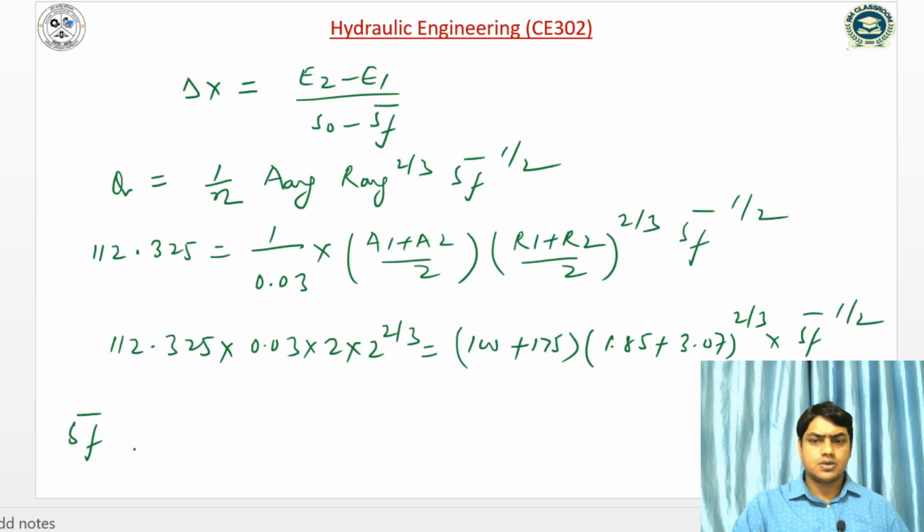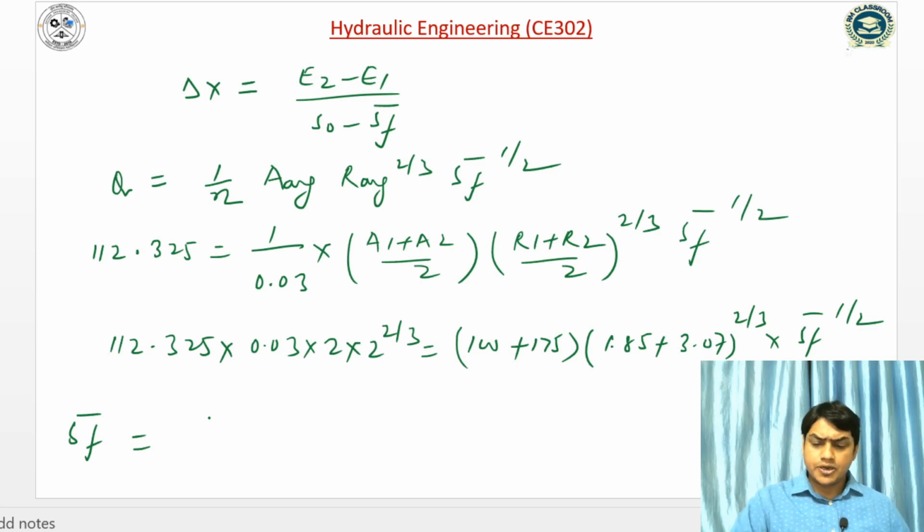So SF bar is equal to 112.325 into 0.03 into 2 into 2 to the power 2 by 3, divided by 275 into 1.85 plus 3.07 to the power 2 divided by 3, whole square.